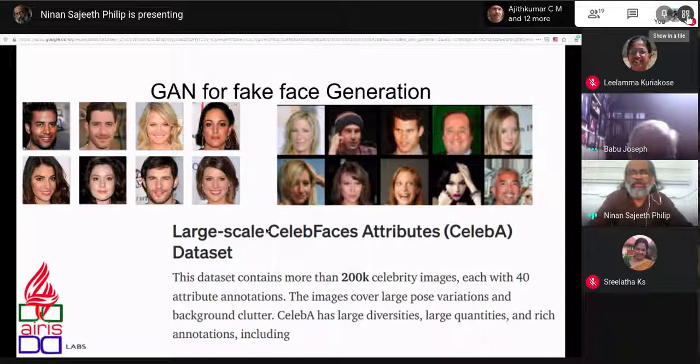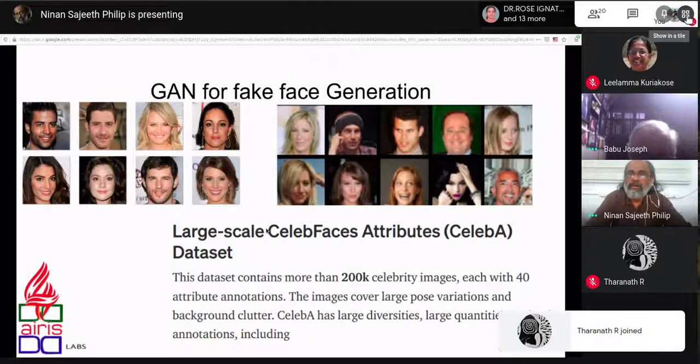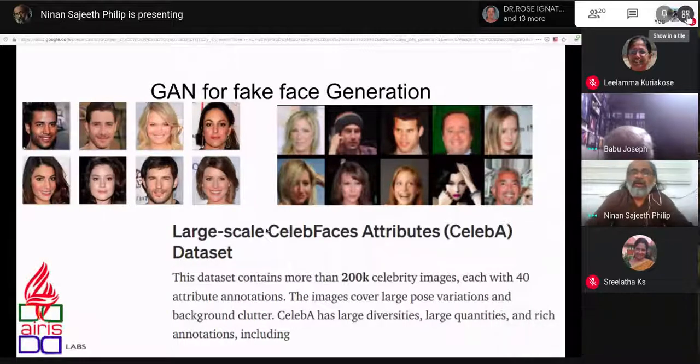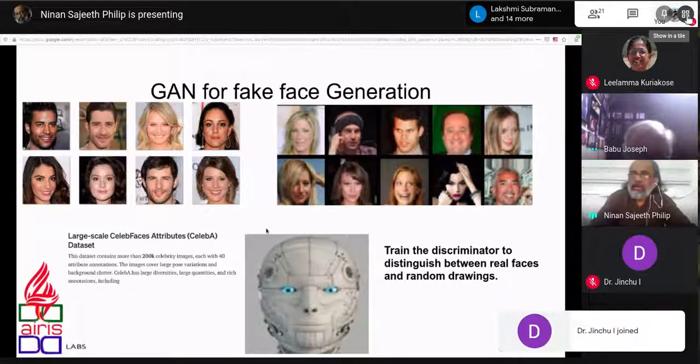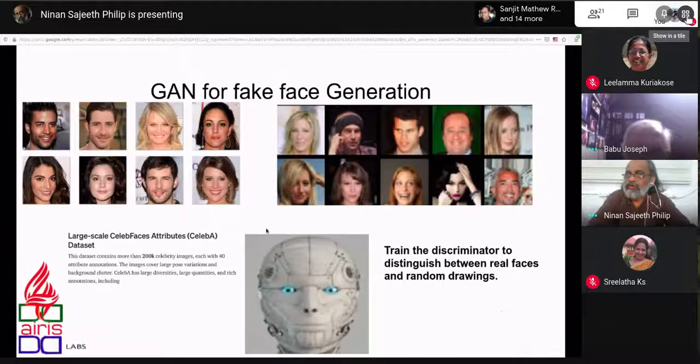And we also provide some random drawings which the discriminator uses to say that they are not the faces it is looking for.